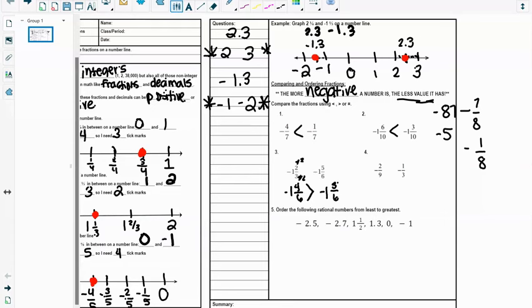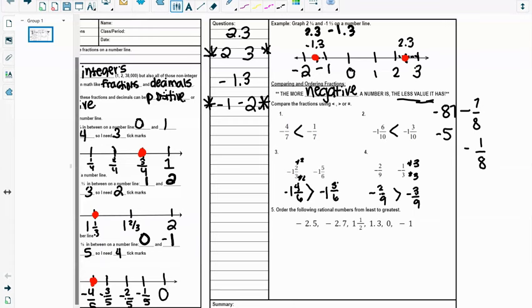It's less negative. Same thing here. First step would be to make common denominators. Negative 2/9 stays the same. Negative 3/9 is here. Which one of those numbers is more negative? It is negative 3/9, so that is a smaller value. You can also think about it as which one is less negative, because then that's the larger value. It's up to you.